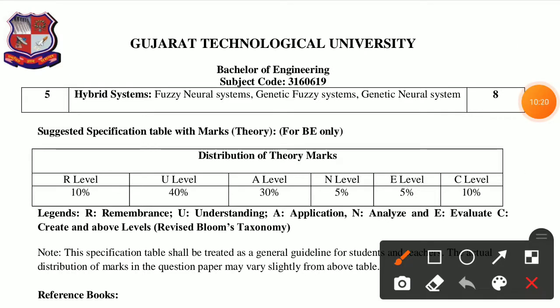The word hybrid system means a combination of two or more systems. So in this subject we learn fuzzy logic in the second chapter, then genetic algorithms in the third chapter, and then artificial neural network in the fourth chapter. So here we can make some combination of different systems.